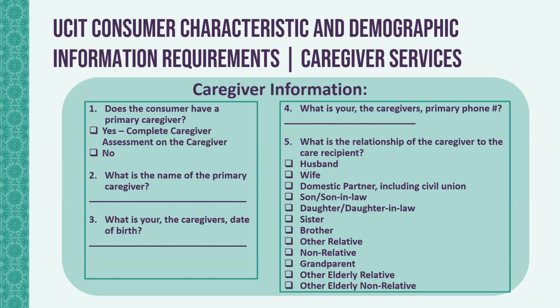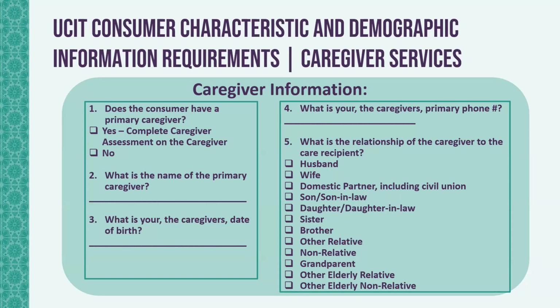If yes, these are the questions that they need to answer. I talked a few minutes ago about the level of information that needs to be collected. It is actually pretty minimal here. As you can see, the name, the date of birth, the phone number, and the relationship to the care recipient. So it's actually really pretty simple.